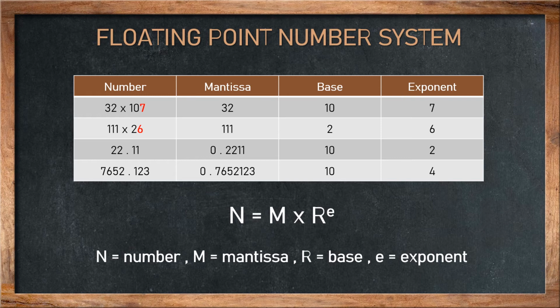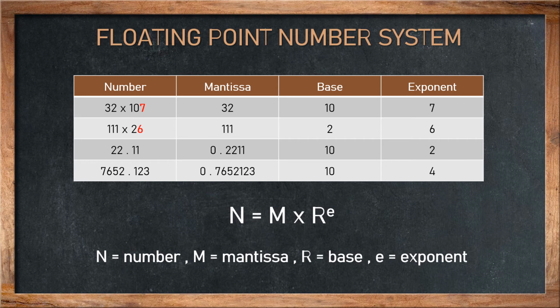Now let's see some examples. Suppose this is given to you: 32 multiplied by 10 raised to 7. It might be possible that instead of 10 raised to 7, you may get it written as 10^7 in a compressed form. In that case you have to understand that this 10 is nothing but the base and the last digit is nothing but your power, right?